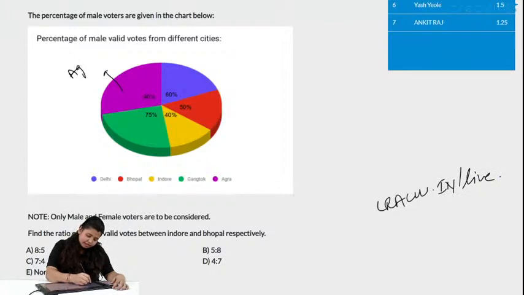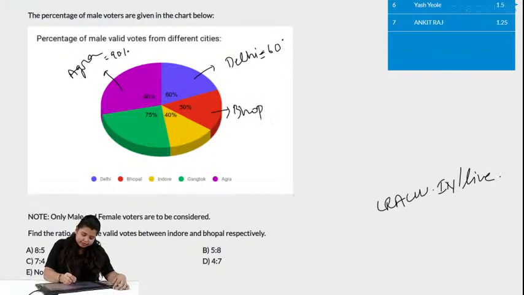This is Agra, it is 90%. This is Delhi and given is 60%. Again the red one is Bhopal and given data is of 50%.